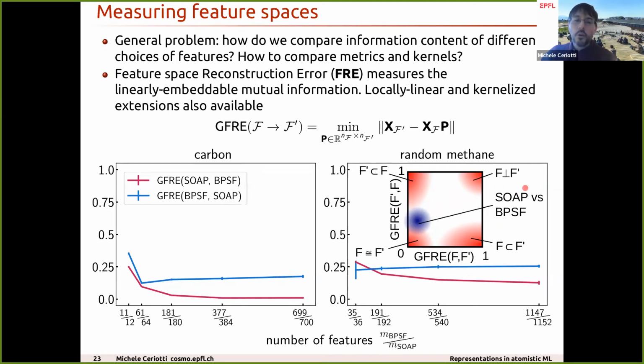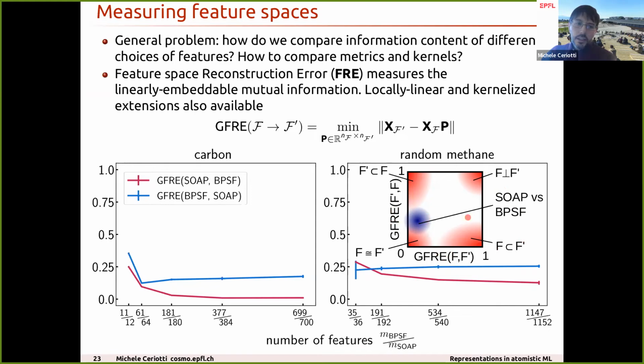And here I'm showing a comparison between SOAP, this framework that uses a systematic set of spherical harmonics and complete radial basis, and Behler-Parrinello symmetry functions that instead use functions that are optimized more heuristically.